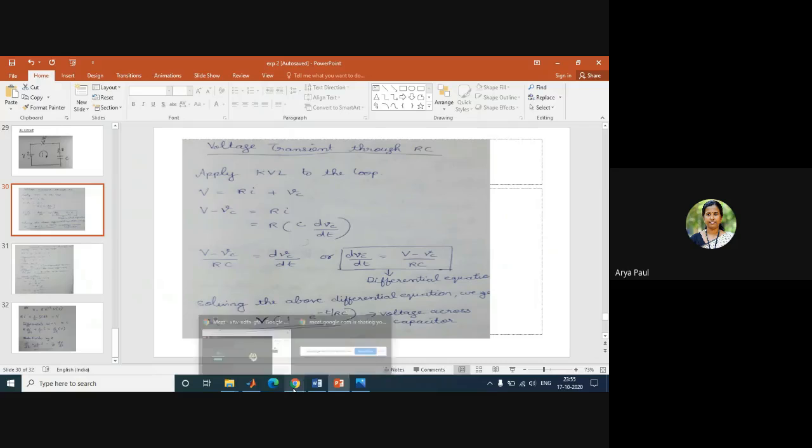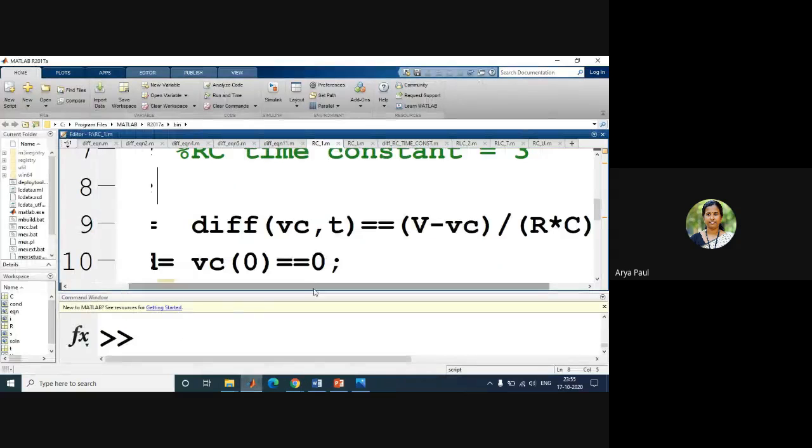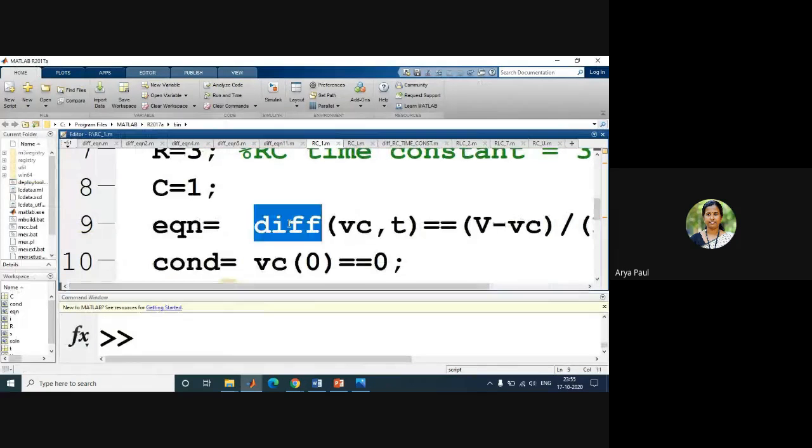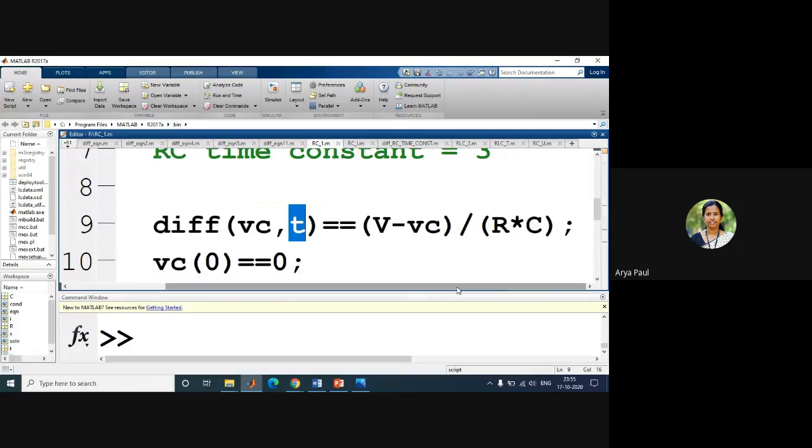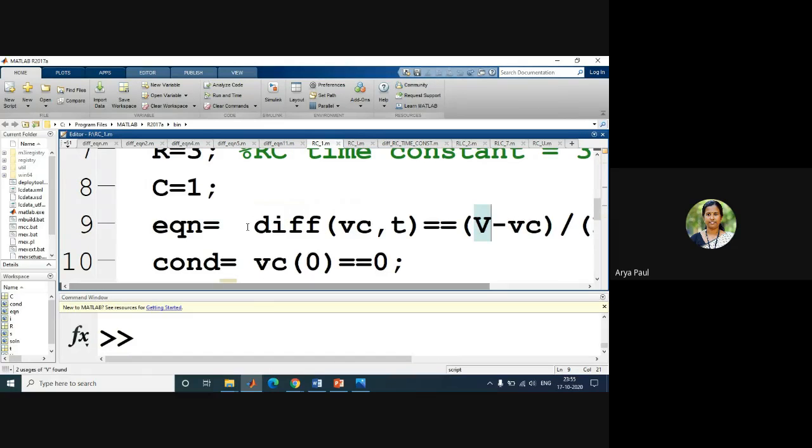The same equation I am implementing here: diff of Vc comma t equal to 1 by RC into V minus Vc. I am putting it as an equation, eqn.